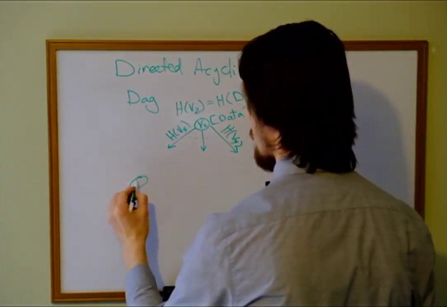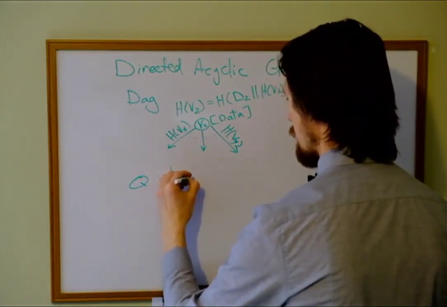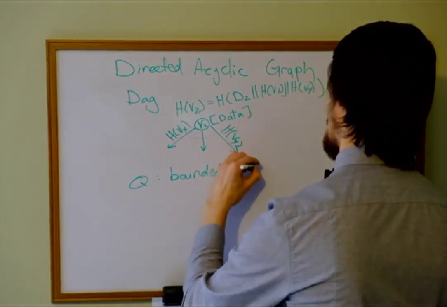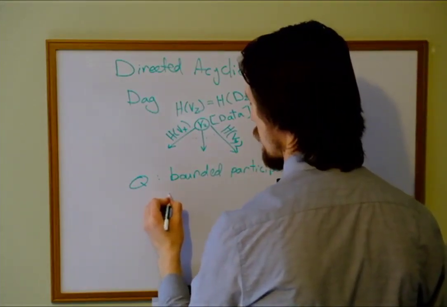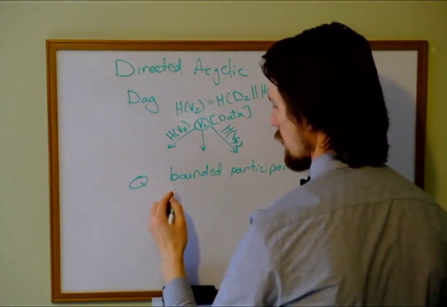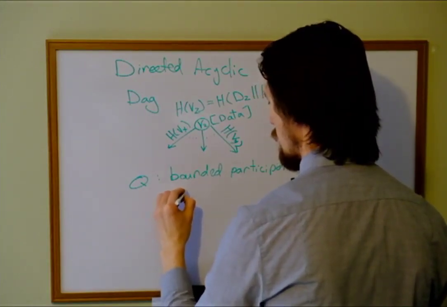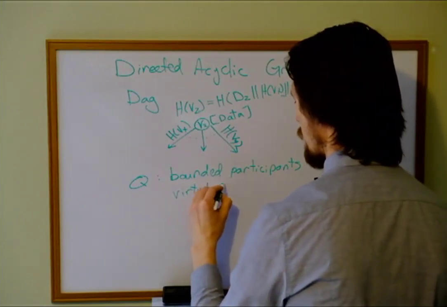Qubic, on the other hand, has bounded participants. And it operates as a virtual graph in a network.